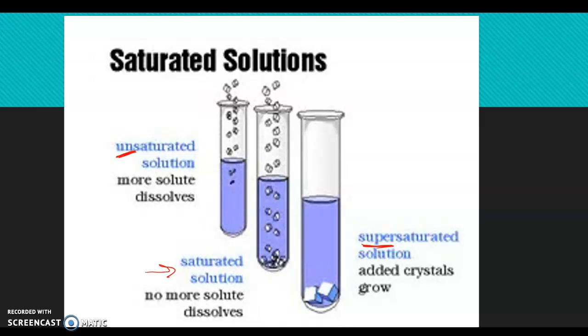One of my favorite labs to do is a Kool-Aid lab, where we make different types of Kool-Aids: an unsaturated, a saturated, and a supersaturated. I wish we were able to do this. We've all had Kool-Aid. If we were to make an unsaturated solution, that would be watered down.